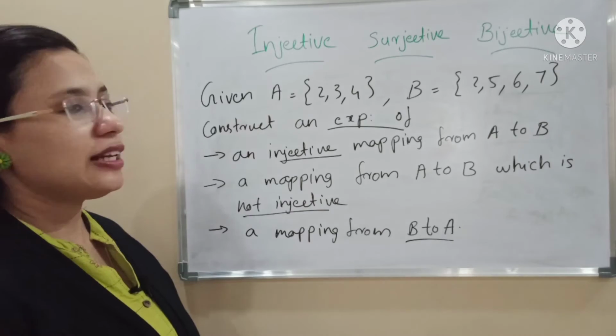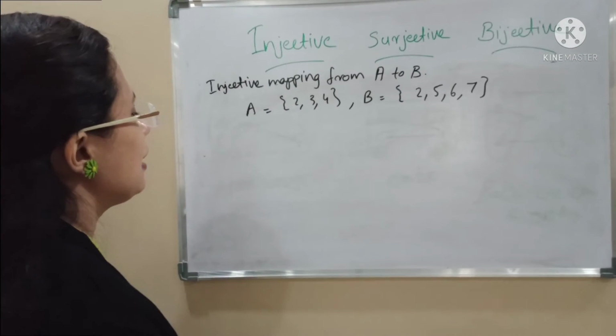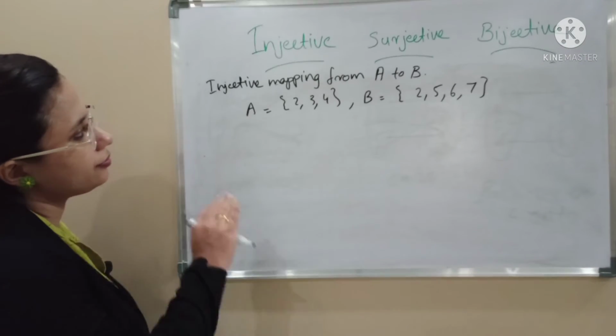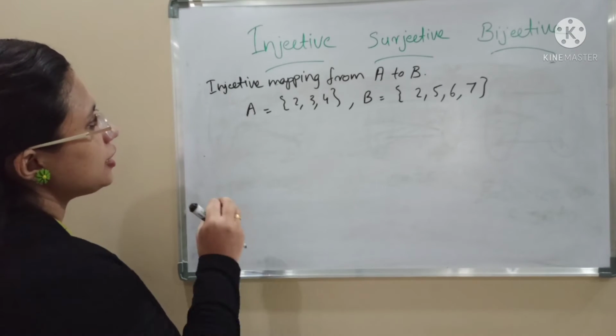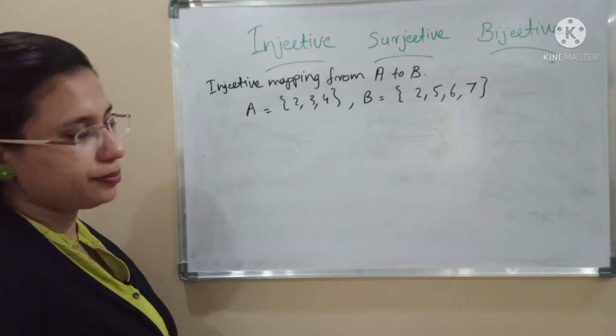Okay, so let's see the answer. The question is, we have to create an injective mapping from A to B.